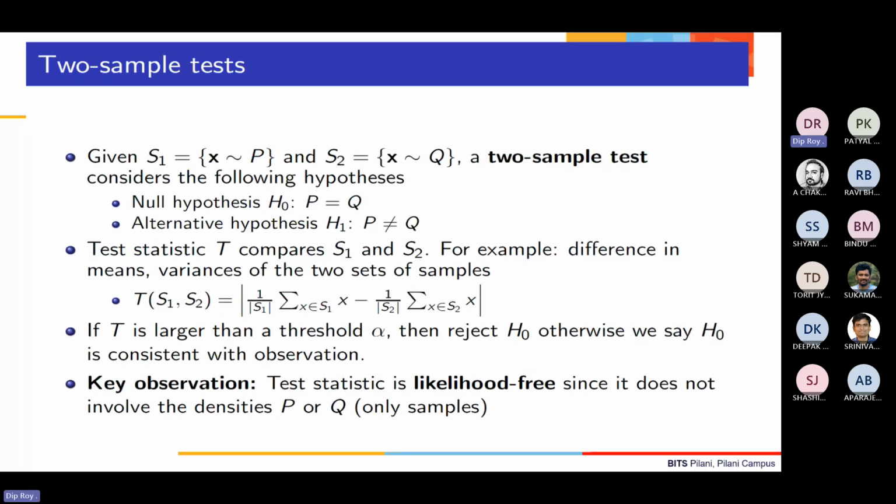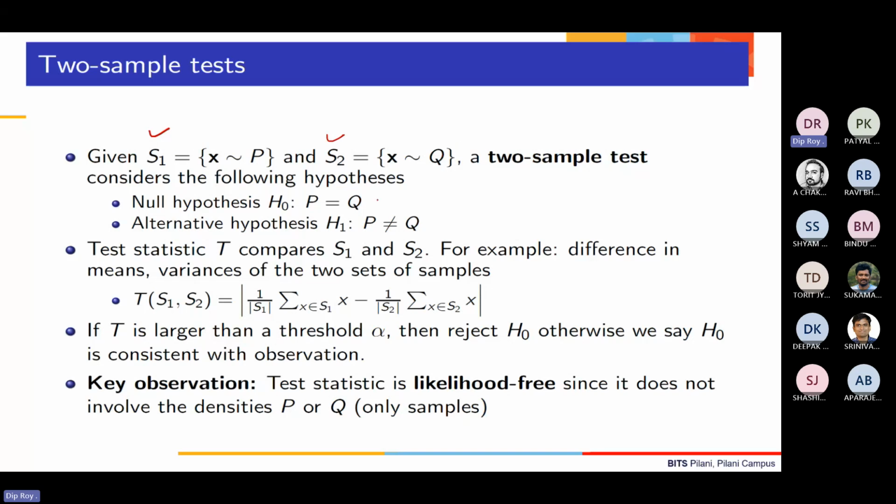Now, what we are going to do here is have a two sample test. It's a standard statistical test that you have for those who have taken a statistics class. So we have this S1, which comes from P, and S2, which comes from Q. The two sample test considers the following hypotheses.